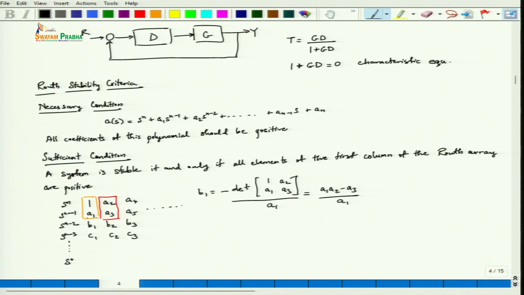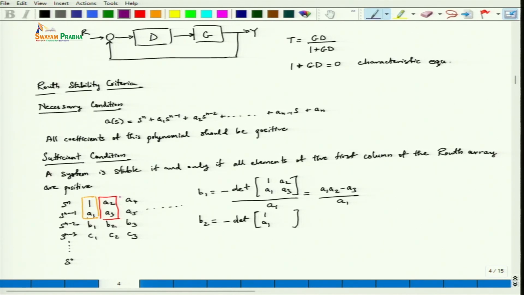Now for the next one, b2, the first column of the matrix will be the same, that is 1 and a1, but the second column will now slide.